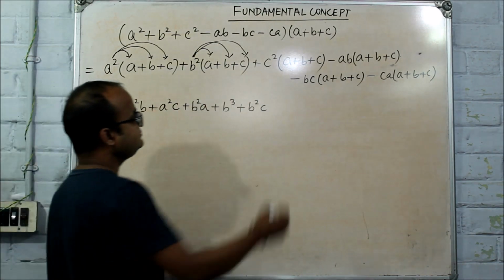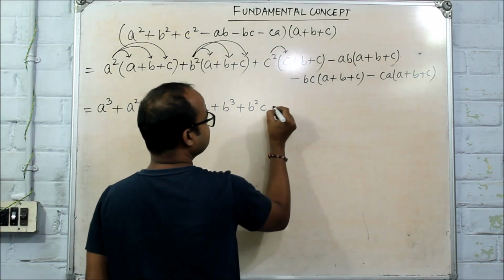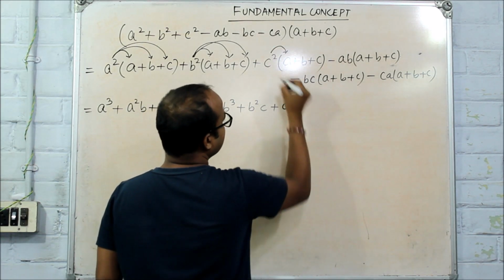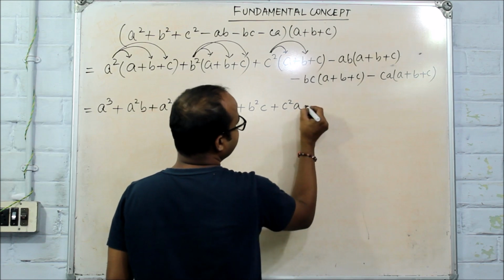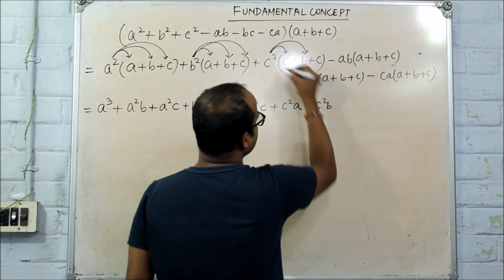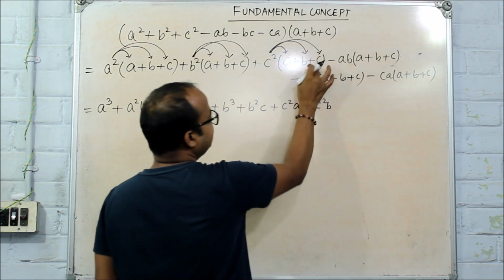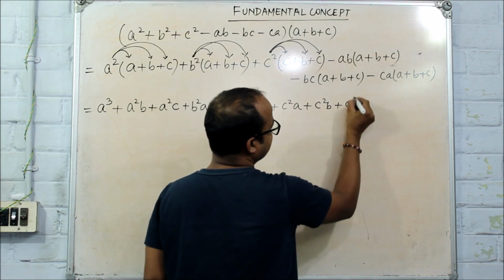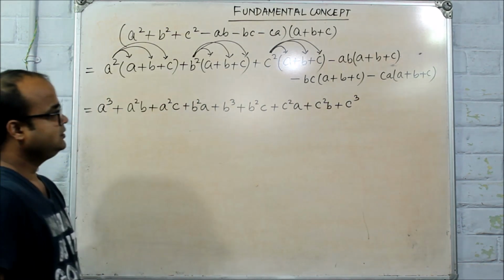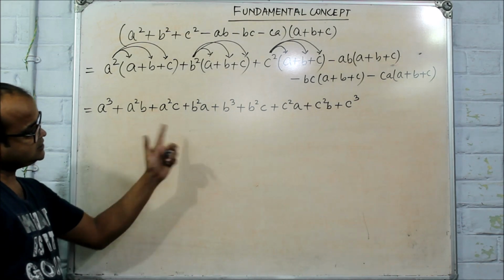Moving to the next term, c square a, c square b, c square into c, so plus c cube. Till now I think it is clear.